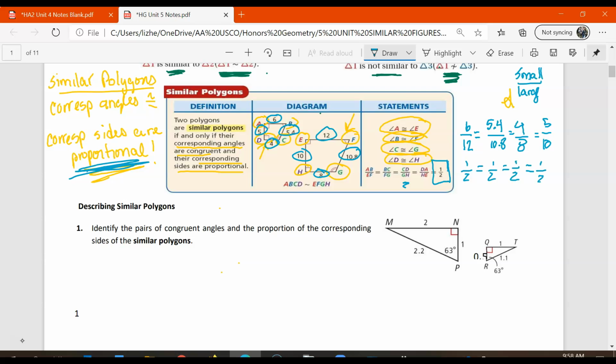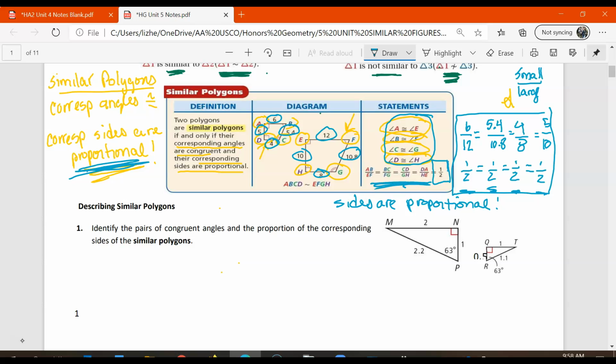And since all of those fractions reduce to the same number, I can say my sides are proportional. That's what you need to do to prove that you have similar shapes: all corresponding angles equal, and all your sides reduce to the same proportion, and therefore they are proportional.